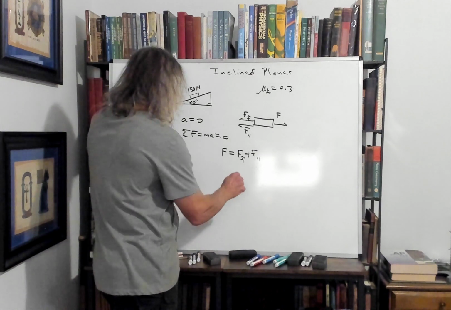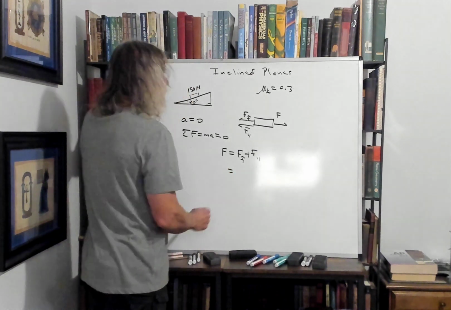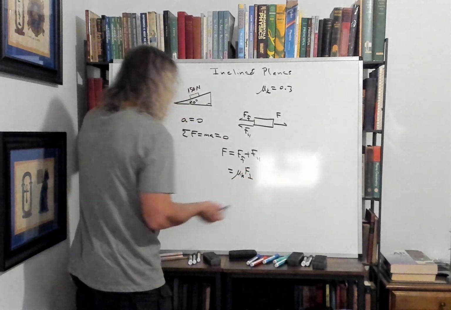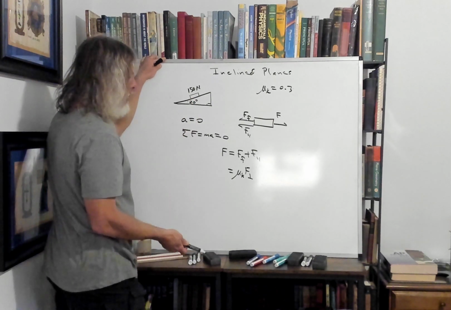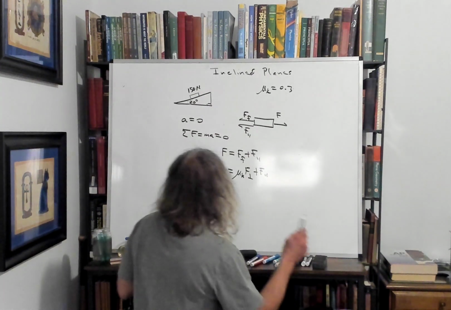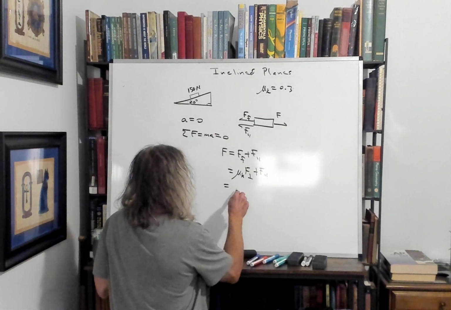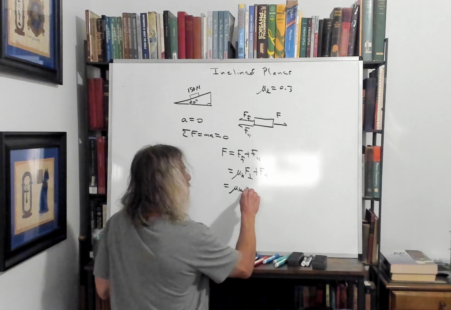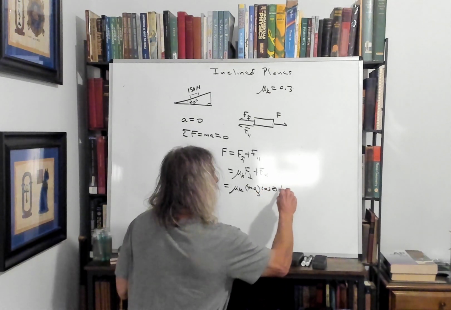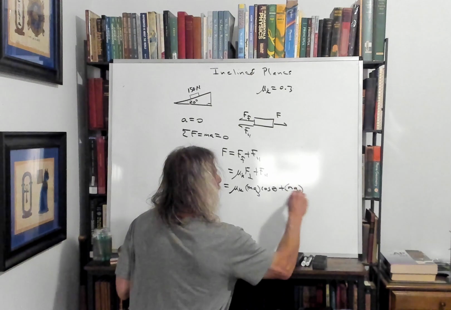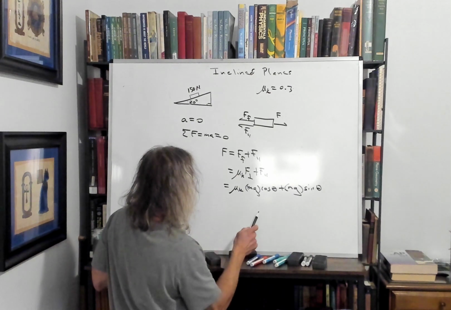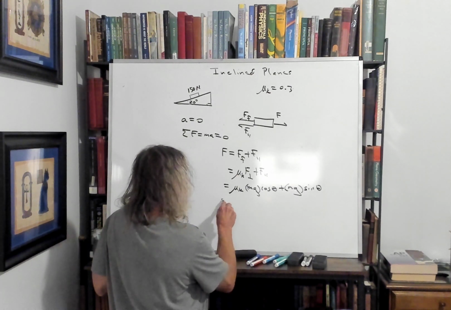But the force of friction is the coefficient of kinetic friction times the perpendicular component, because the normal is the perpendicular component of gravity. So that's mu sub k mg cosine theta plus mg sine theta, and factor out the mg.